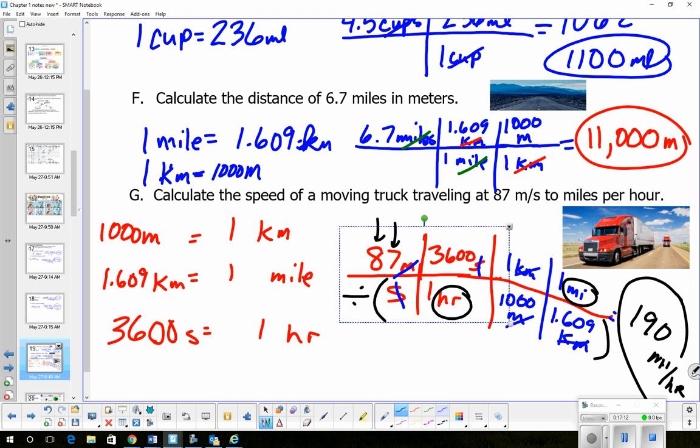It's basically you're rounding it. I can't say that it's more accurate than what I actually measured. Does that make sense? So I measured 87 meters per second. I can't say that it's equal to something more than 2 significant figures. Okay? Okay, let's do some more.